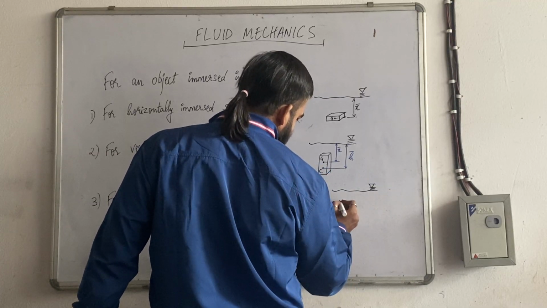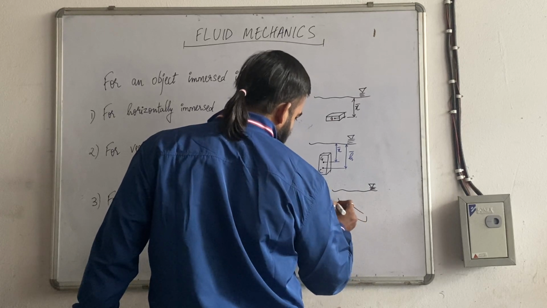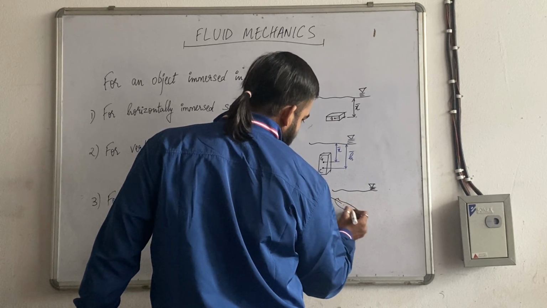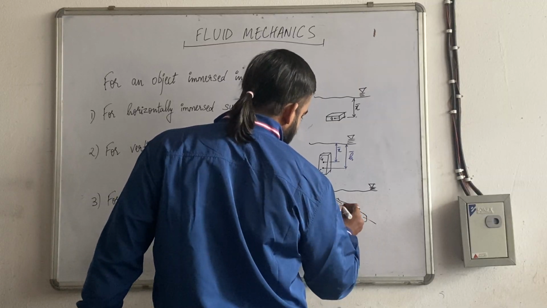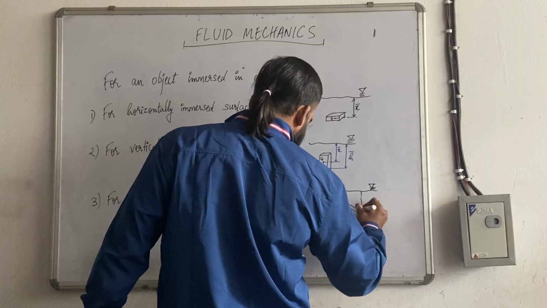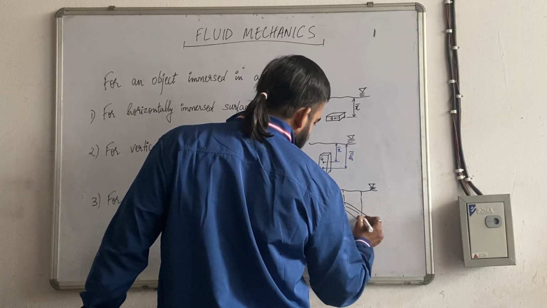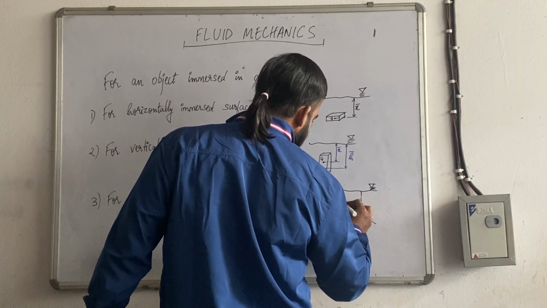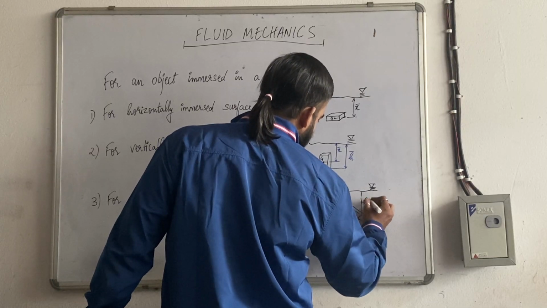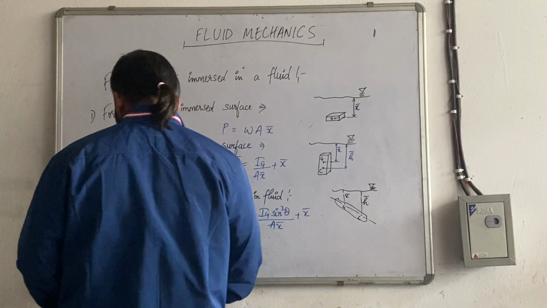This is a free surface. Let us say this is an object inclined and submerged with some center line and gravity and centroid acting. Let us take this G, this is C. So the distance, this is x bar and this is h bar.